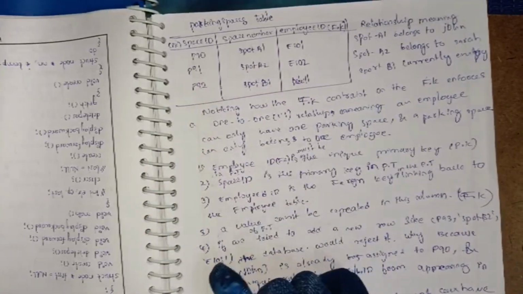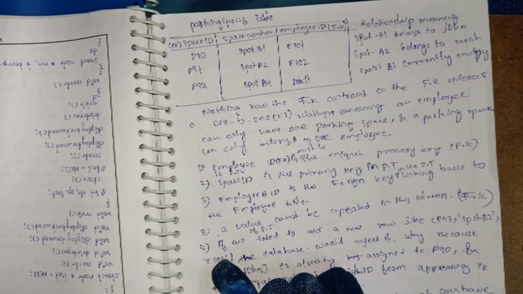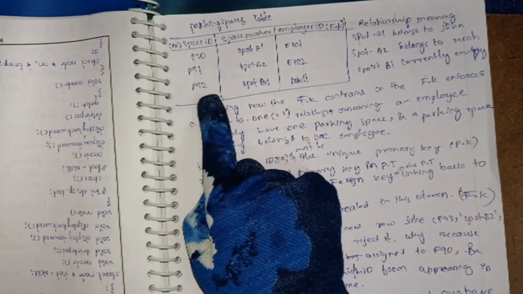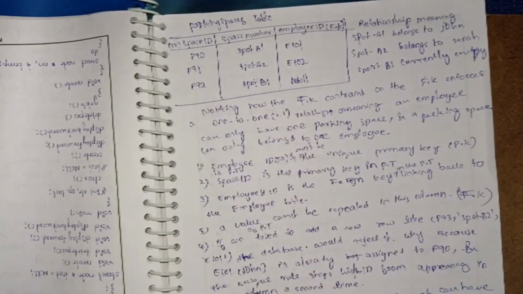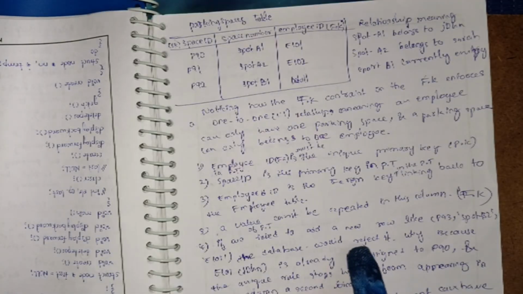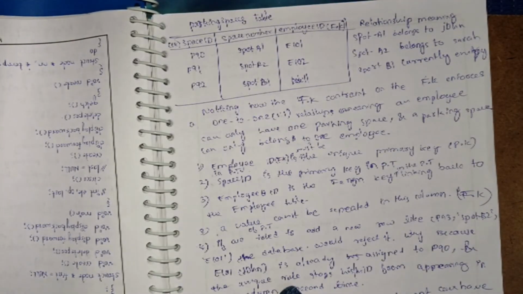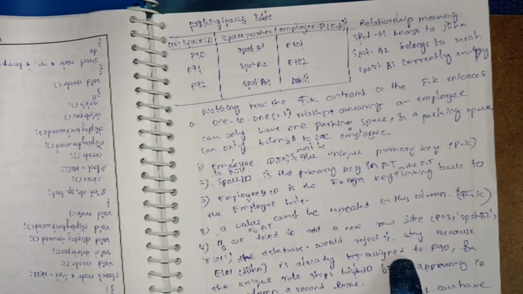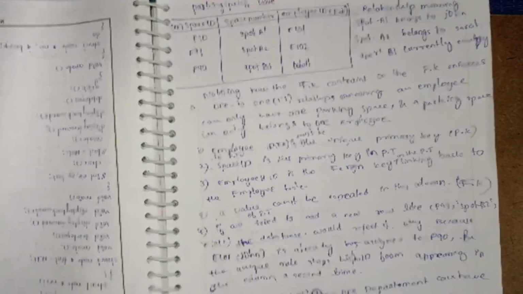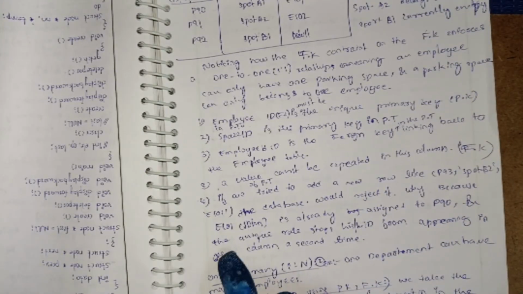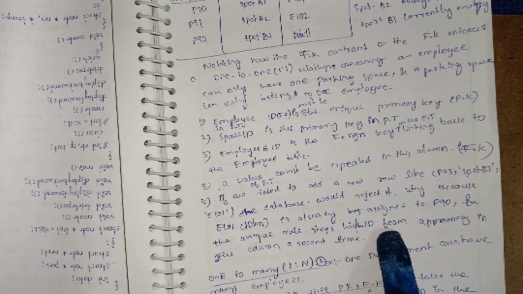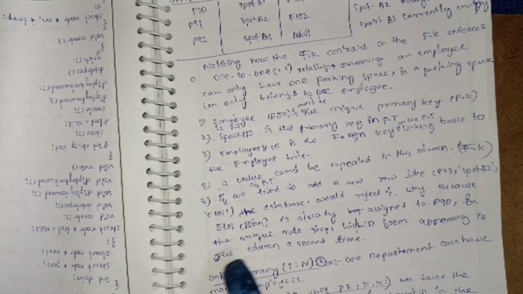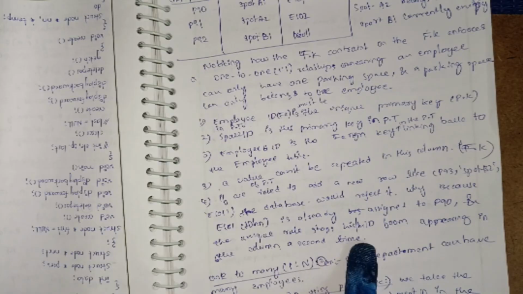If we assign this employee ID to a new space ID, meaning a parking space, then the database would reject it because it is already assigned to P90, and the unique rule stops his or her ID from appearing in the column a second time.